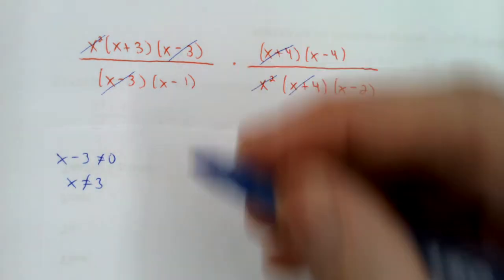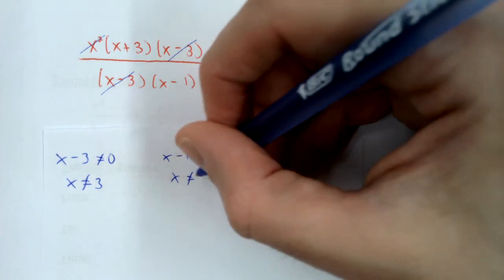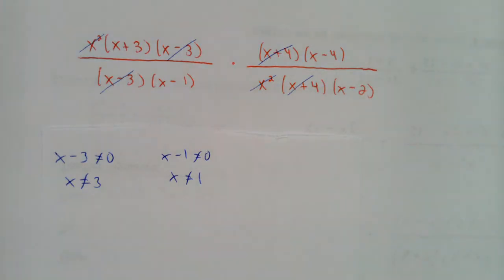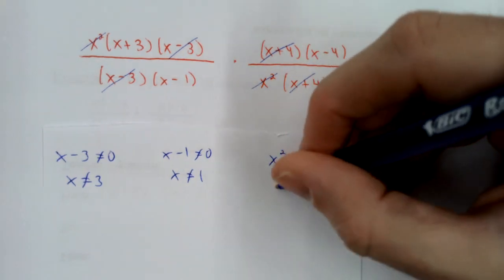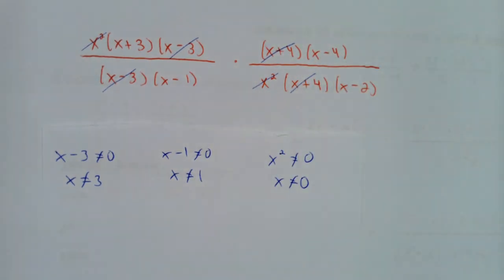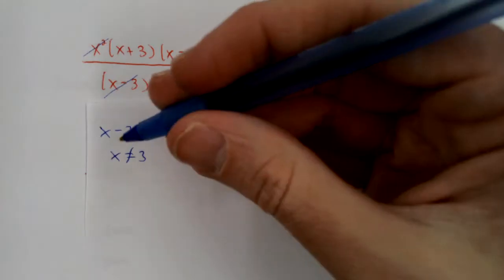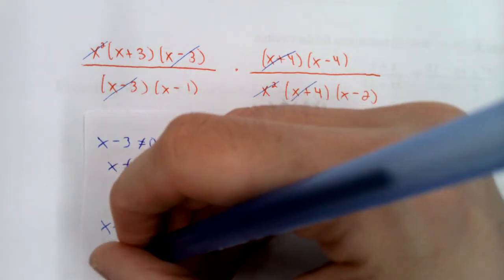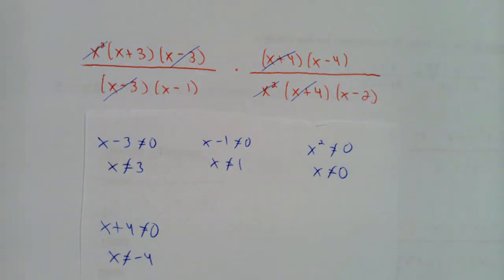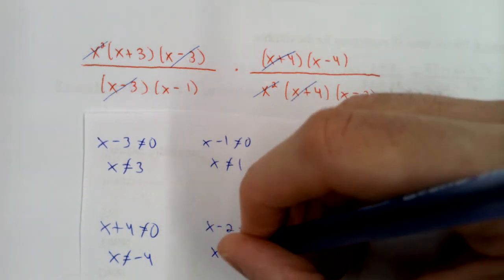x minus 1 cannot be 0, so x cannot be 1. x squared cannot be 0, which means x cannot be 0. x plus 4 cannot be 0, so x cannot be negative 4. x minus 2 cannot be 0, so x cannot be 2.